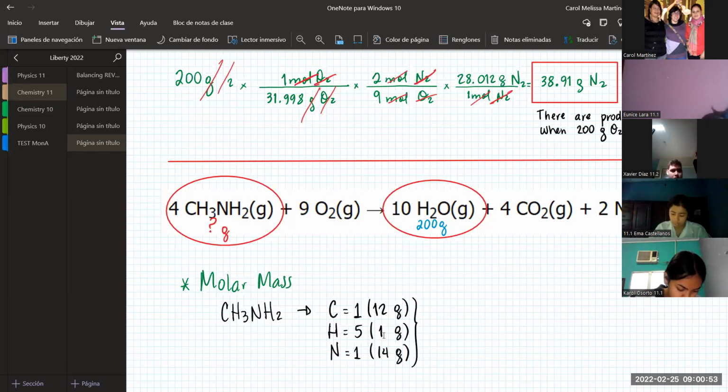So how much is this in total? 31 grams of CH3NH2 over 1 mole of the same substance.